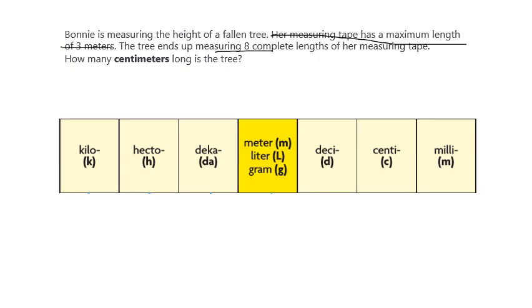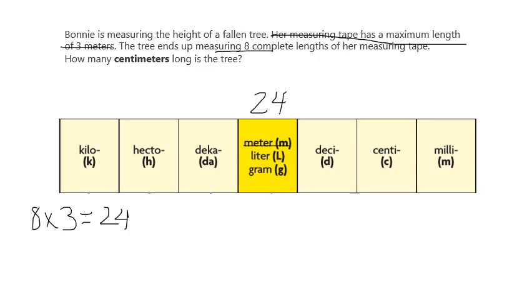So the tree ended up measuring 8 complete lengths of her measuring tape. So what I need to do first is multiply 8 by 3, which equals 24. So I know that my measurement in meters will be 24. Now, remember, here's where it gets tricky because I don't want to put 24. 24 is not the answer.